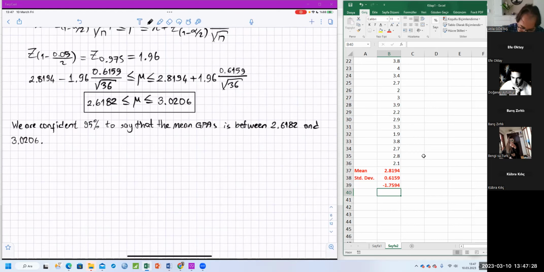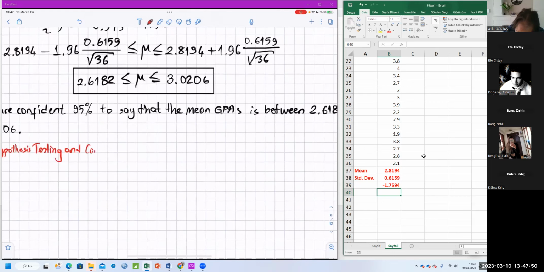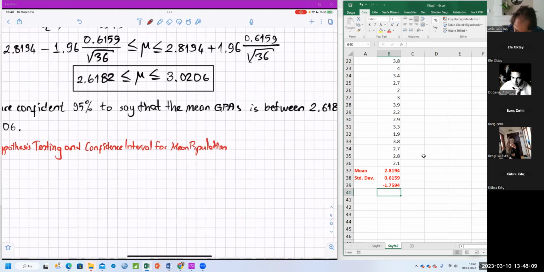All right, the next subject, C. Hypothesis testing and confidence interval for the mean of a population, where sigma is unknown and n is less than 30.